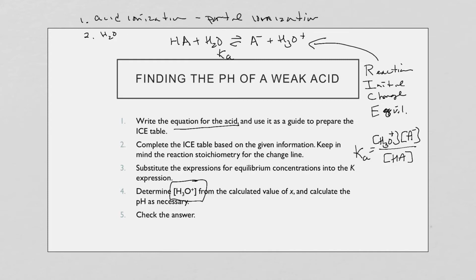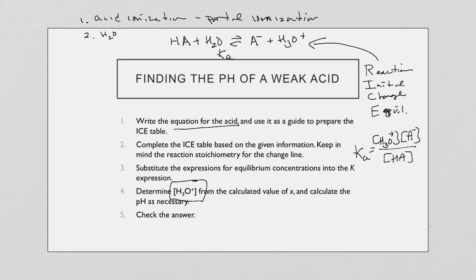So the Ka will always have this basic expression, and what's going to change is what HA and A minus are. We can apply this equilibrium expression to our specific acid problem with the specific value of Ka, and solve our equilibrium problem using our ICE table.